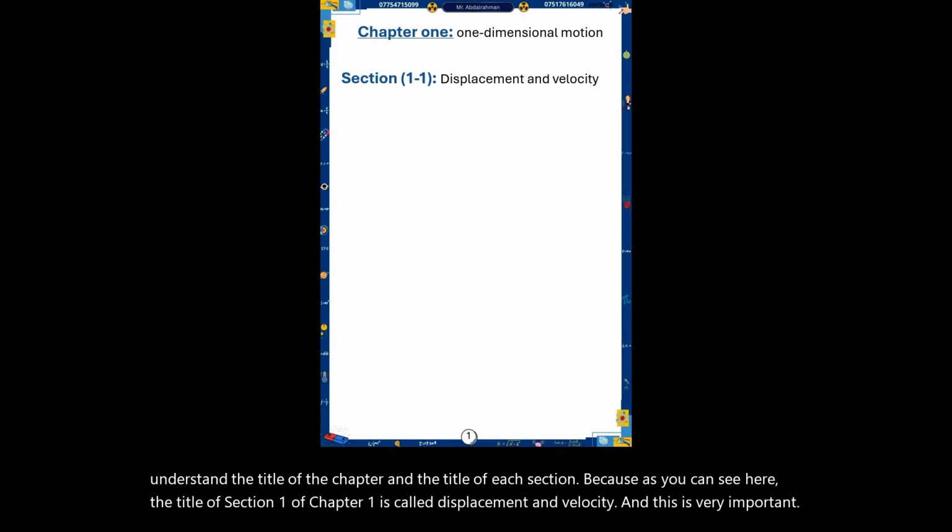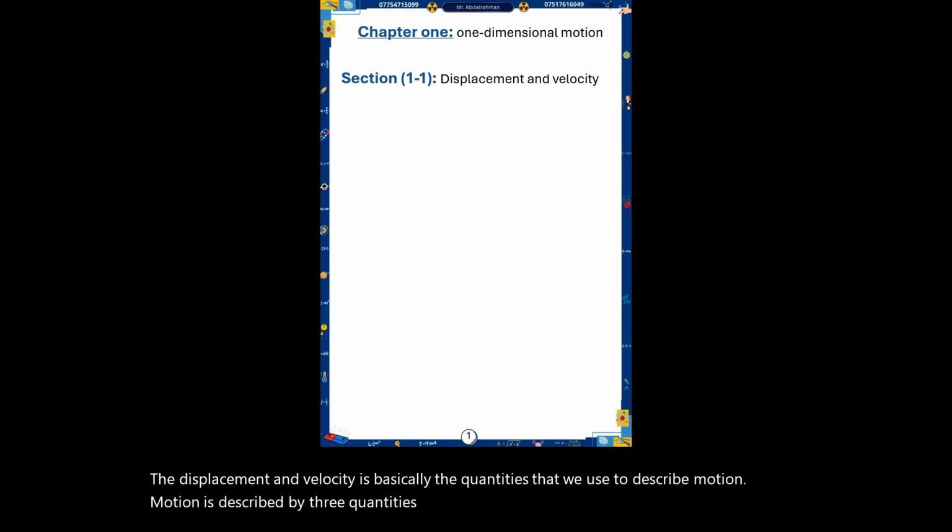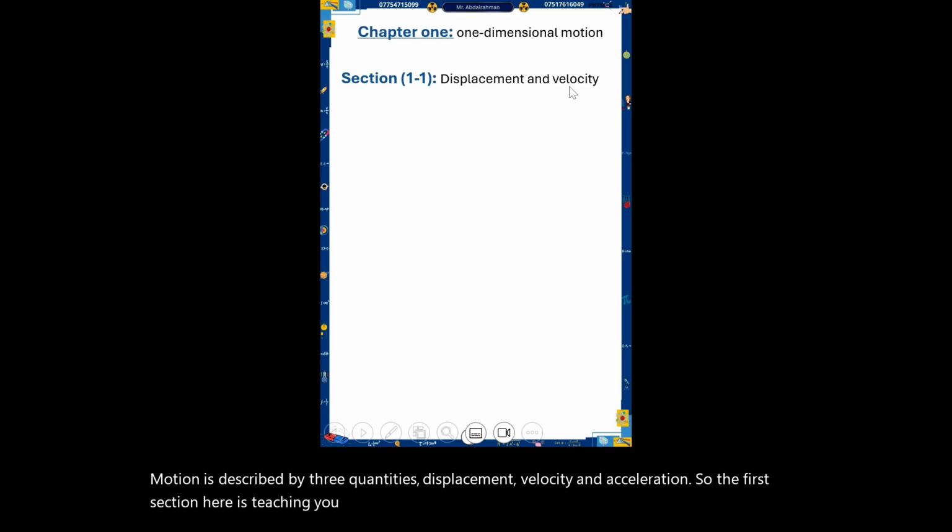Displacement and velocity are basically the quantities that we use to describe motion. Motion is described by three quantities: displacement, velocity, and acceleration. So the first section here is teaching you about displacement, then velocity.